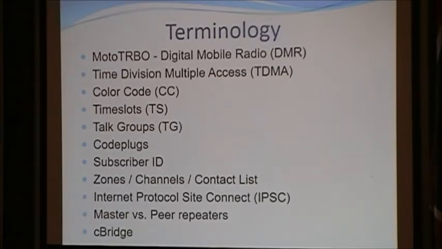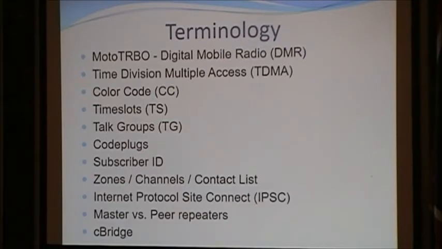Talk groups. For those that have ever been on the commercial side of radios, a talk group is a numerical value that basically routes your call someplace, whether it be local or onto a wide network. Code plugs. Everybody who has had a new radio has used software to write to your radio and program it. That's what a code plug is.